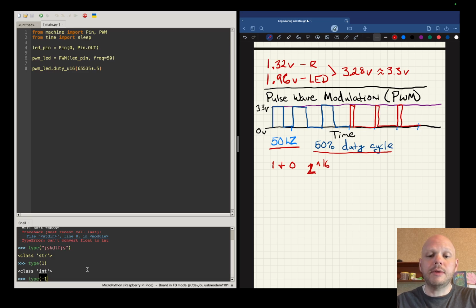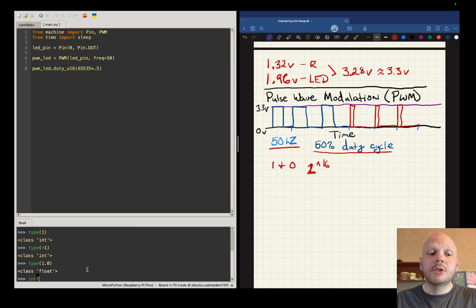So type of -1 is also an integer. The type of a decimal is called a float. And this 16-bit value that we need to use for the duty cycle, the duty underscore U16 value, needs to be an integer.